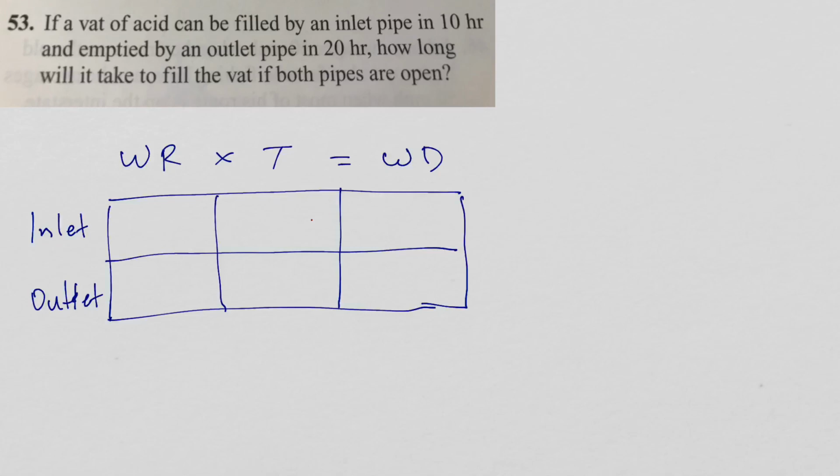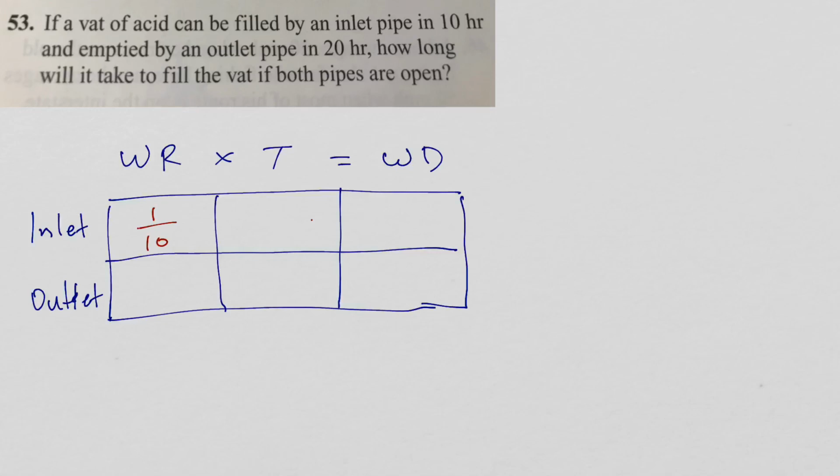In other words, the inlet pours water in and the outlet drains water out. Okay. It says the vat of acid can be filled by the inlet in 10 hours. That means that the work rate is 1 over 10. It can fill 1/10 of the vat in 1 hour.